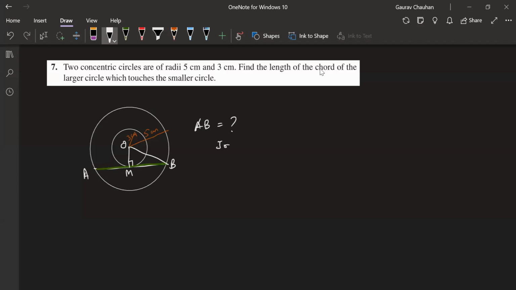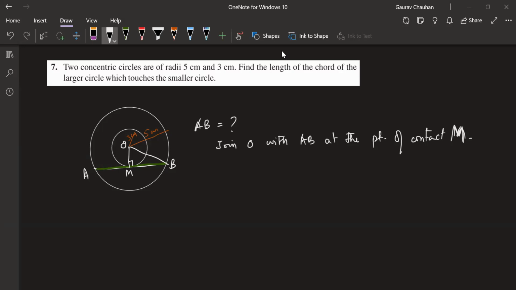So what I'm doing is joining OM, joining O with AB at the point of contact M. Are we okay with this? Join O with AB at the point of contact M.